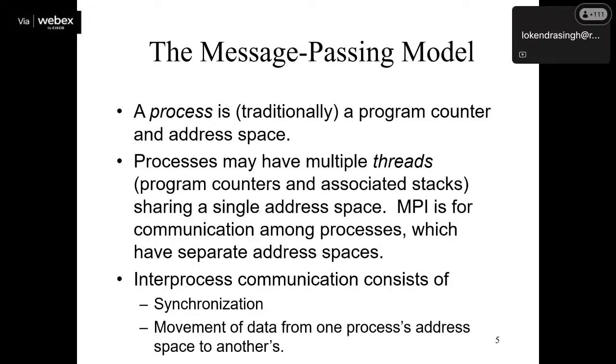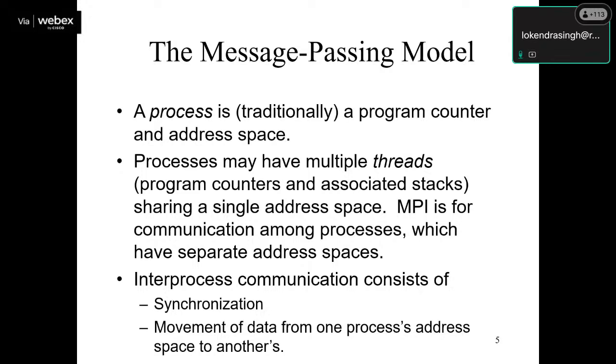Processes may also have multiple threads, program counters, and associated stacks, sharing a single address space. MPI is for communication among processes. There are a number of processes in a system, and MPI routines communicate among all these processes, which have separate address spaces. So inter-process communication is the main concept of MPI.